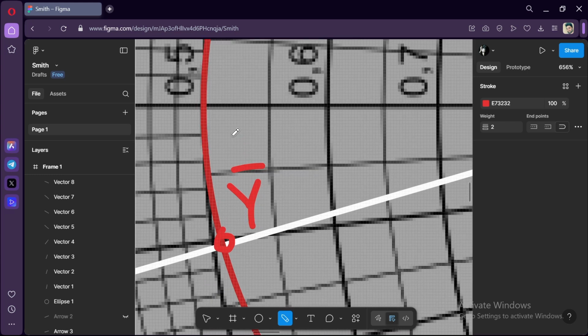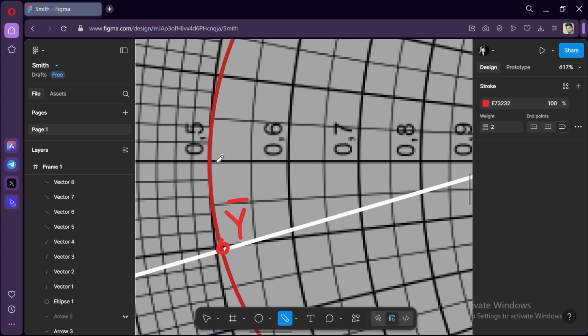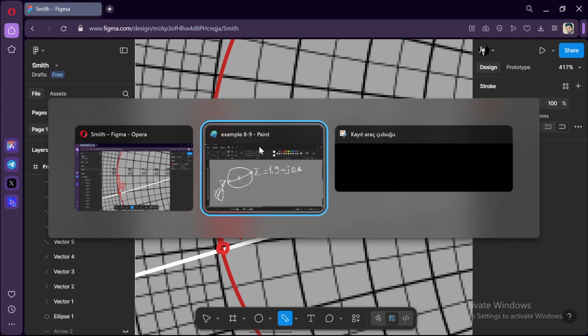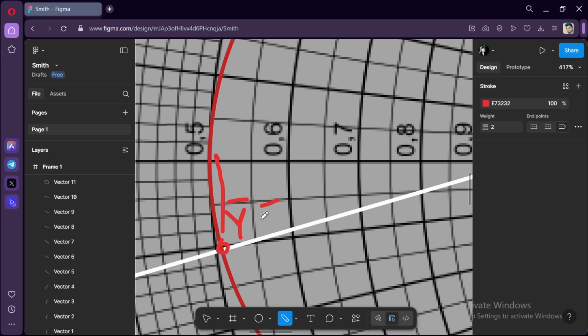Y normalized: this line is 0.5, and a little more, 0.52 we can say. Let me write 0.52.